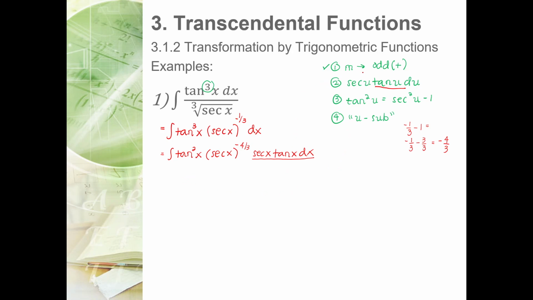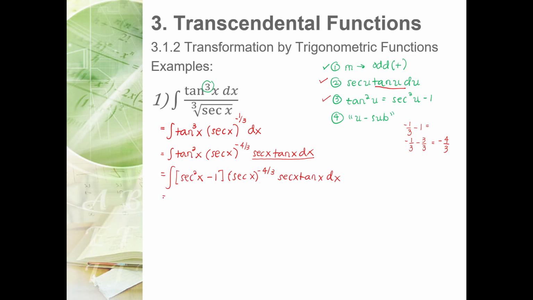Okay, so we have factored out your sec u tan u. Next is to replace tangent squared with secant squared minus 1. So we have secant squared x minus 1, then secant x to the power of negative 4/3, secant x tangent x dx.